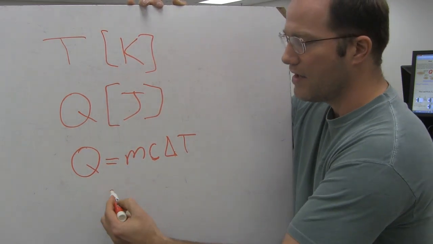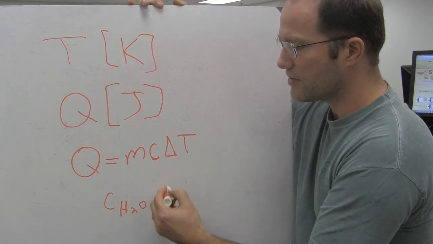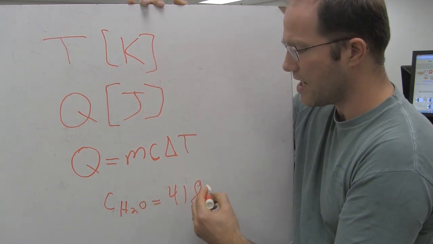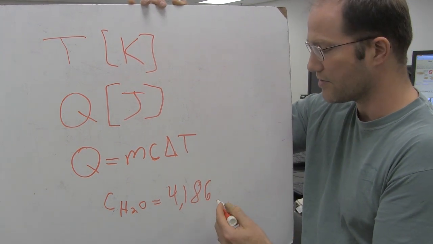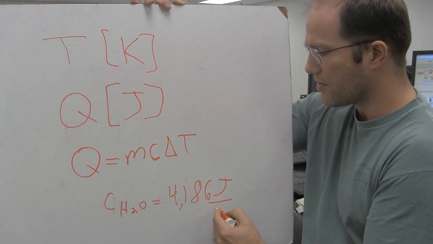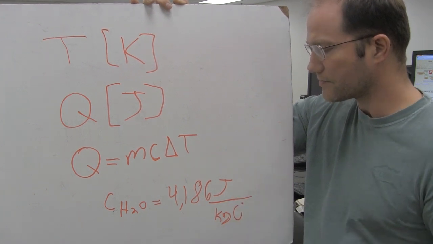For example, the specific heat C of water is equal to 4,186. This is water at a certain temperature. Joules per kilogram degree centigrade.